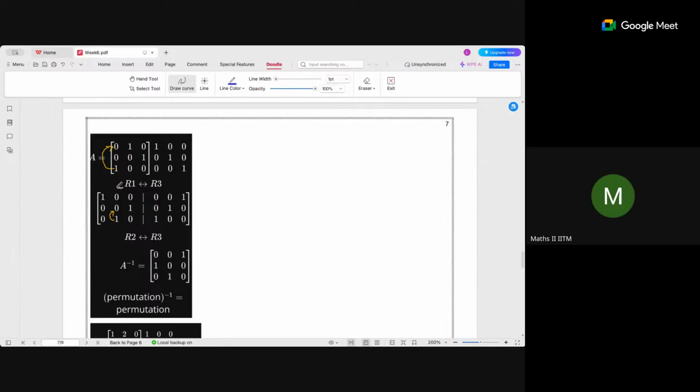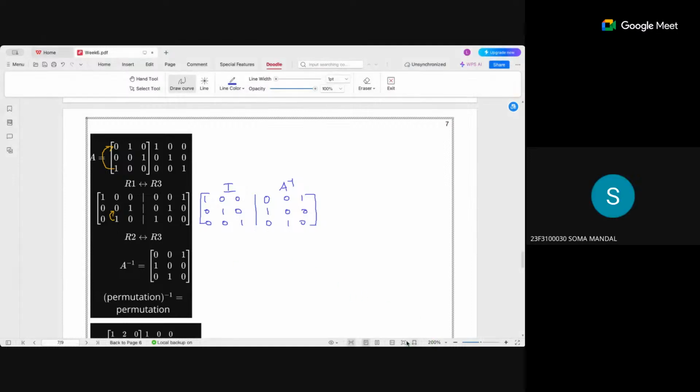So first I have flipped these two rows, and then the next flipping, and then I am putting the last row here and the second row here. So you see I have got the identity here and the inverse here, and the inverse is also a permutation matrix. So the inverse of any permutation matrix is again a permutation matrix. That is another observation here. Is this example clear? Yes.